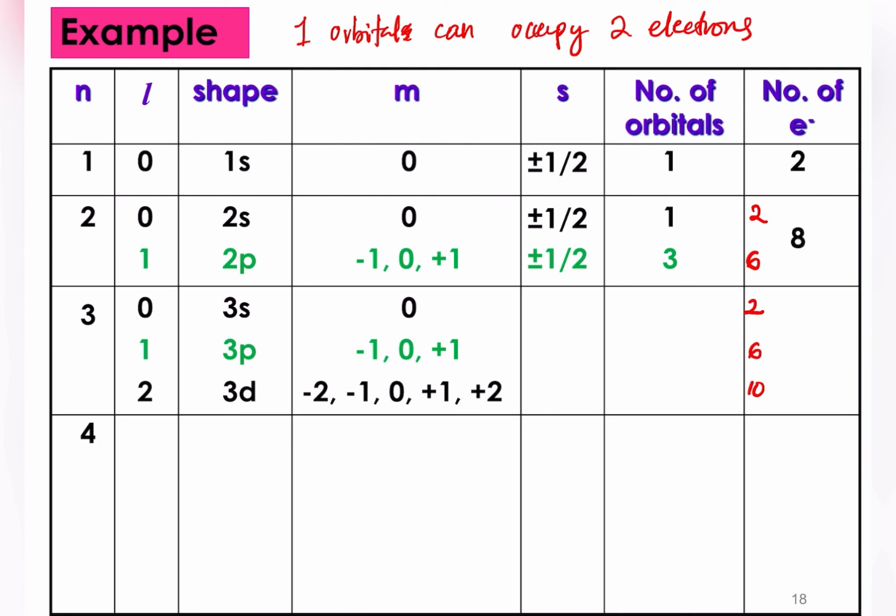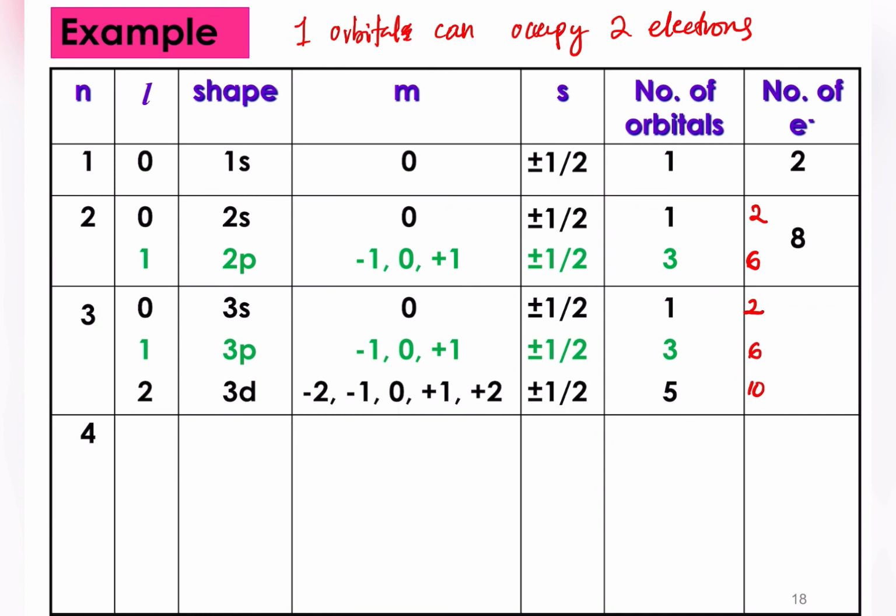So, like that. Same case untuk S, for n equals 3, tak kisahlah 3S, 3P or 3D, semuanya plus minus half. And then saya ada number of orbitals 1 untuk 3s, 3 untuk 3p and 5 untuk 3d.